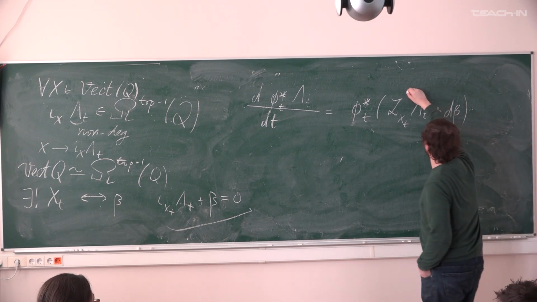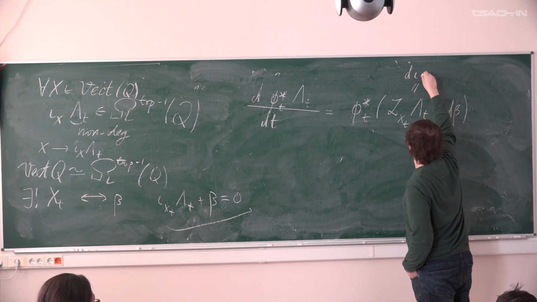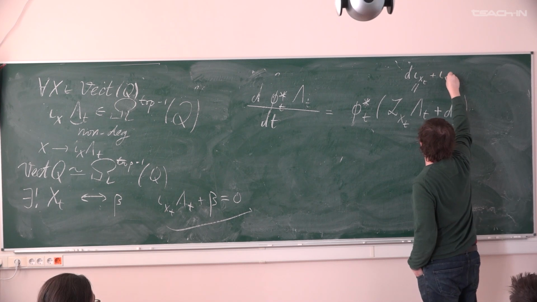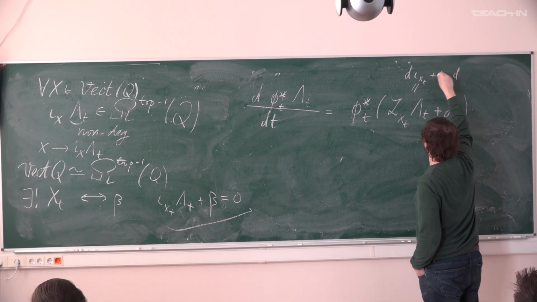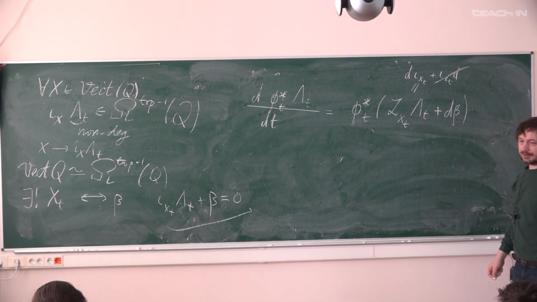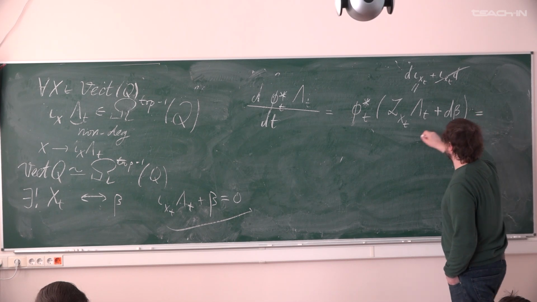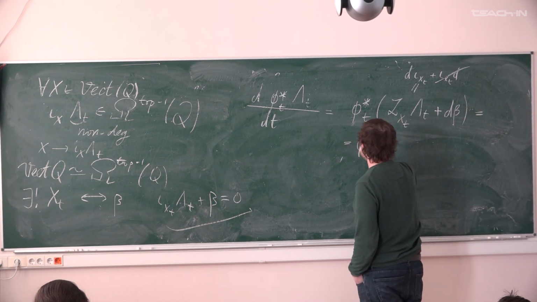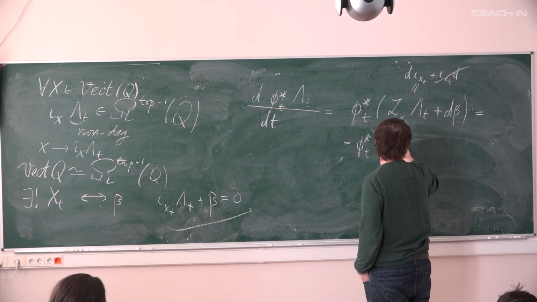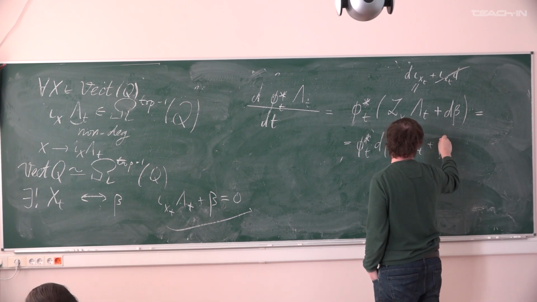Now, this, by Cartan's magic formula, is equal to d i xt plus i xt d. The second part vanishes because lambda t is top degree, so its differential is equal to 0. And what we have will be equal to phi star t d i xt of lambda t plus beta.